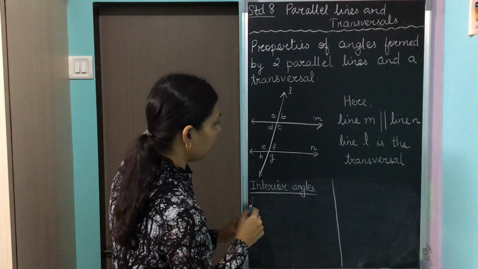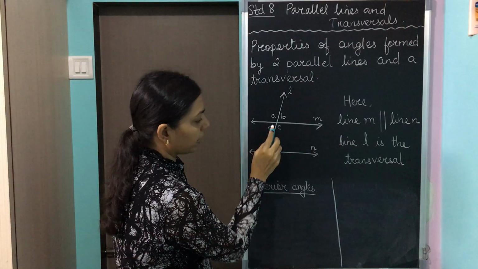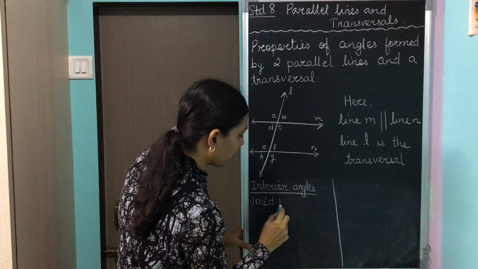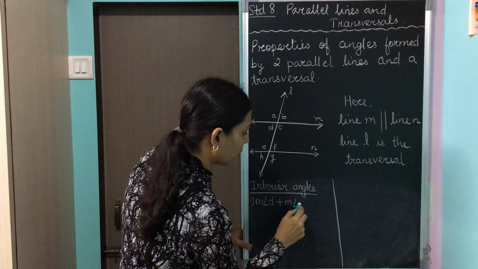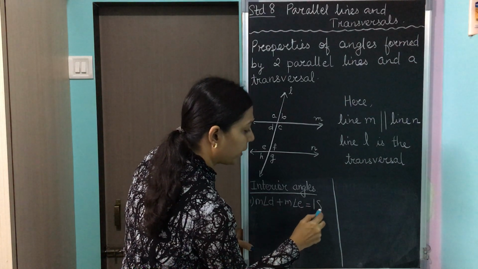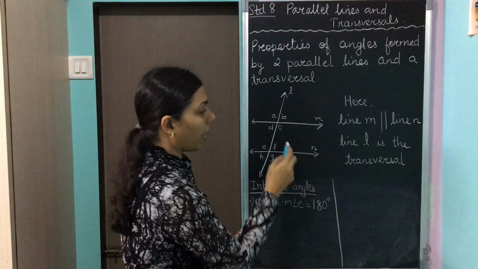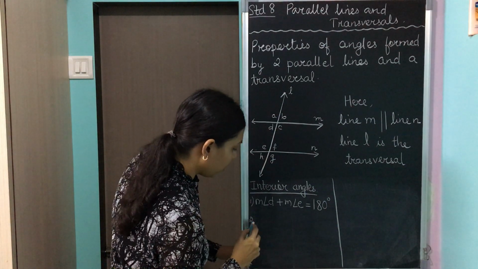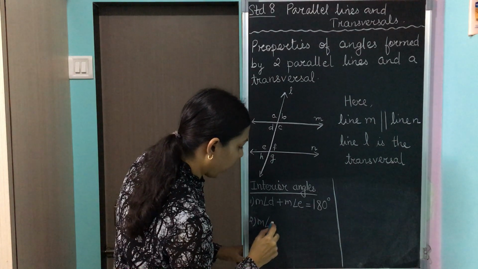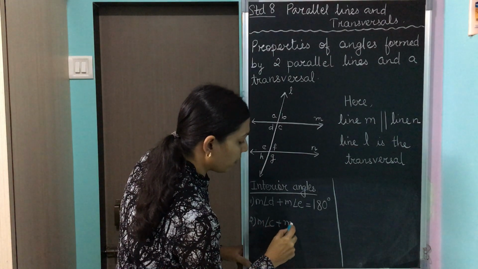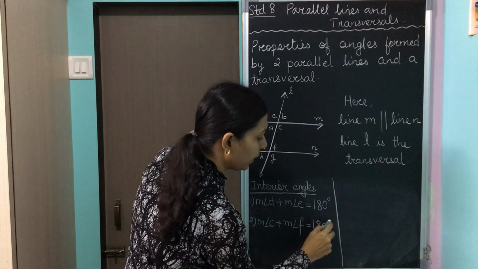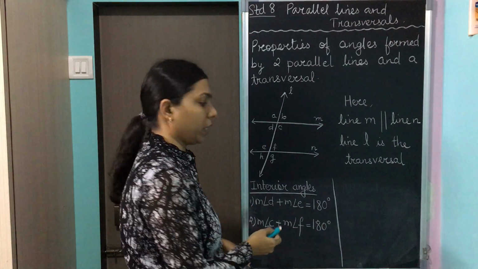So the first one, measurement of angle D plus measurement of angle E is 180 degrees, and the other interior angles, angle C and angle F. So measurement of angle C plus measurement of angle F will give you 180 degrees. So what is the meaning of this?